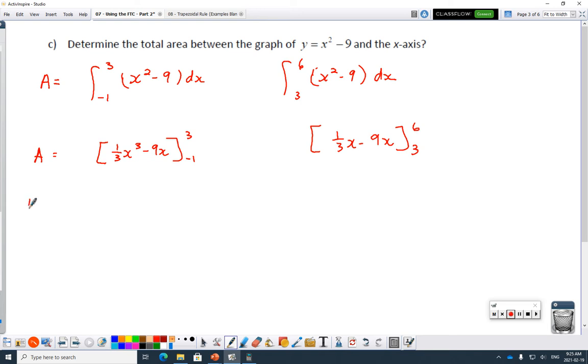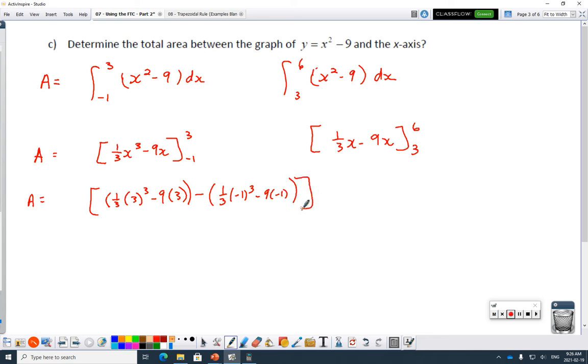Then I get area equals, okay, so this first bracket will be, let's see, 1/3 3 cubed minus 9 times 3 minus 1/3 -1 cubed minus 9 times -1.